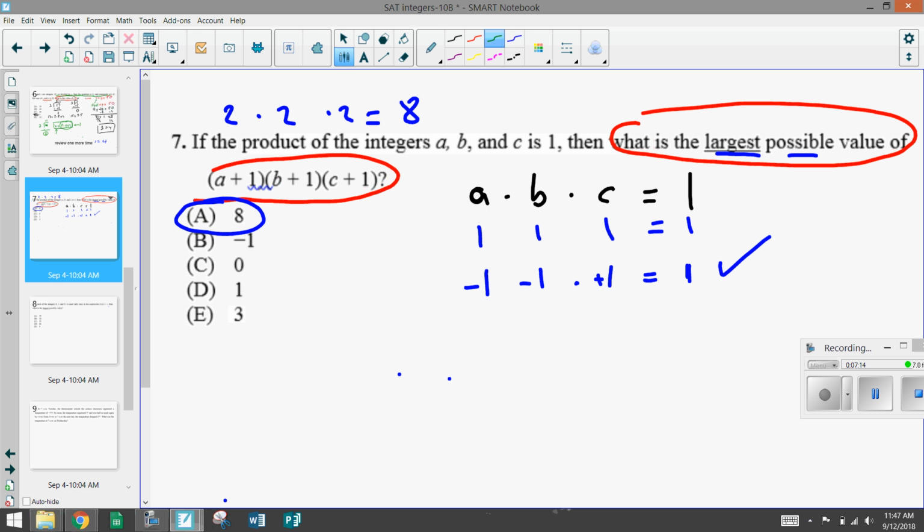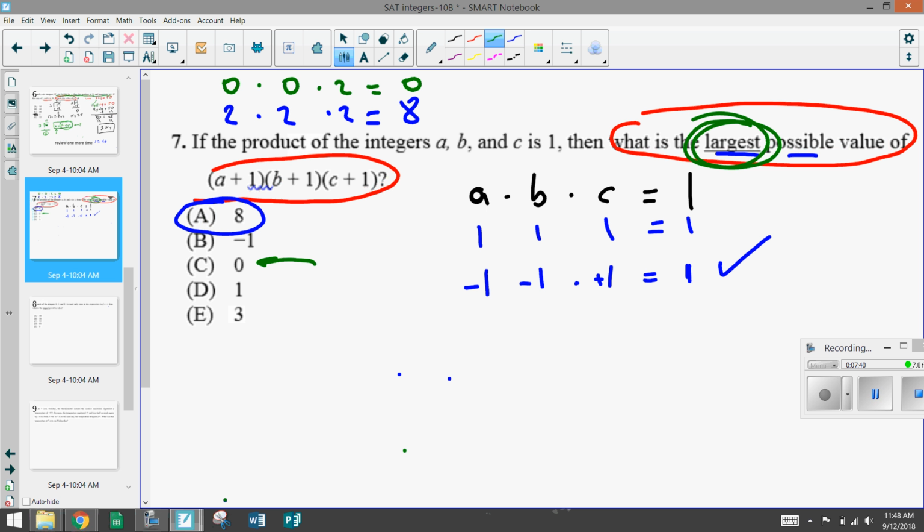Let me change the color. a is -1, b is -1, c is 1. 1 plus 1, 2. Result is 2. This is possible, but does that make more sense now?